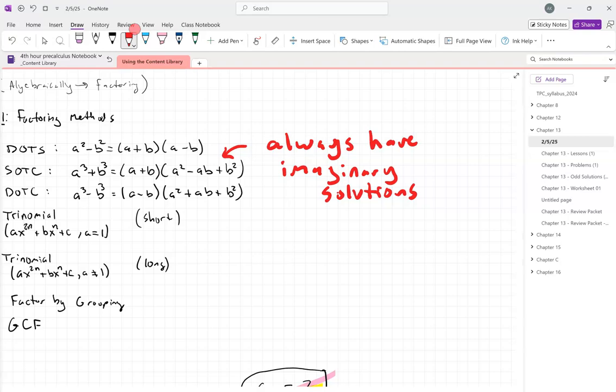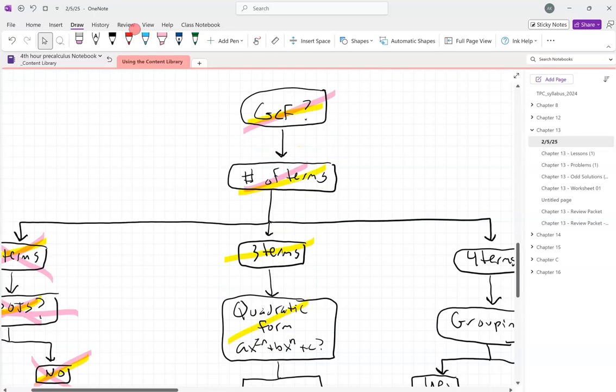By design of our flowchart, we can avoid that. If we had done this same problem and done the perfect cubes first, or the difference of cubes first, you end up with something you can't deal with afterwards, and it's a problem. So by design of our flow chart, we don't have to worry about that possibility, which is nice.